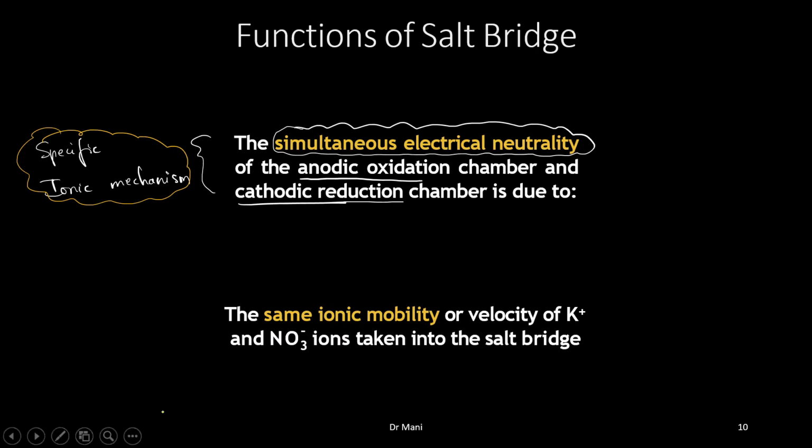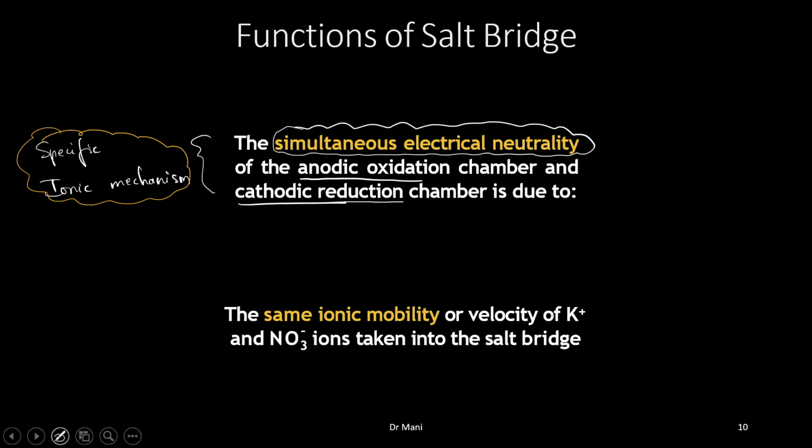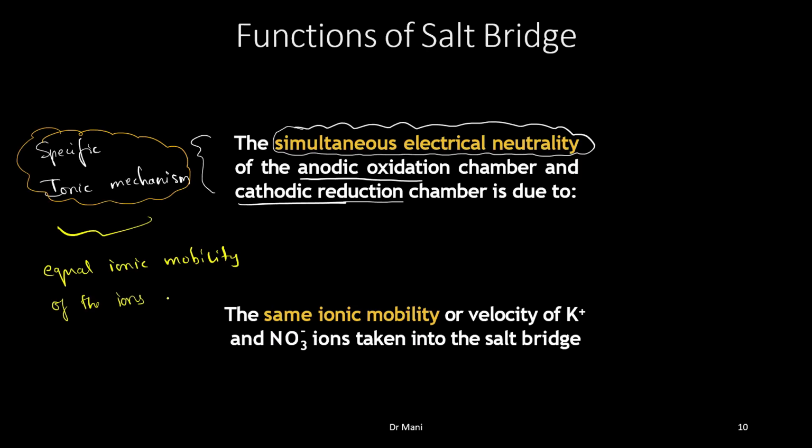So what does that mean? You need to understand 3 points. One is, how does this specific ionic mechanism work? That works by equal ionic mobility of the ions within the salt bridge.